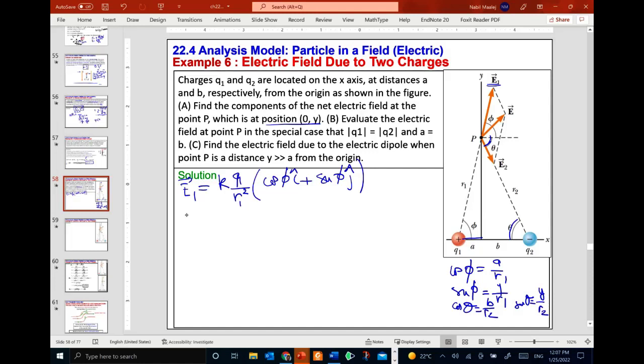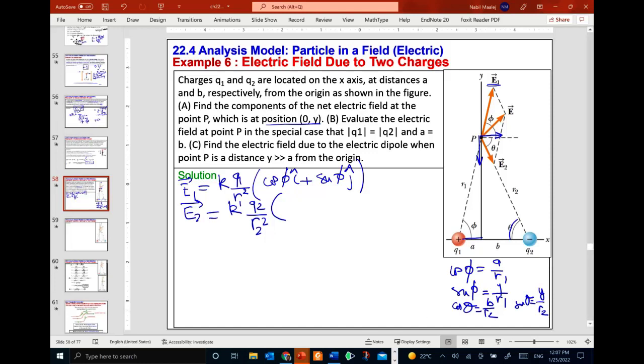I can do the same thing: E2 is equal to K times Q2 divided by R2 squared. And now I have to determine the x and the y components. This is the x component of E2, and this is the y component of E2.